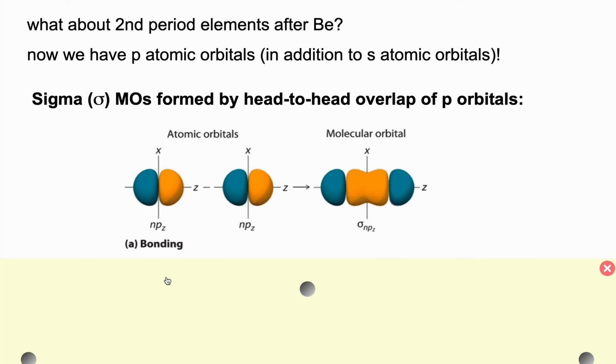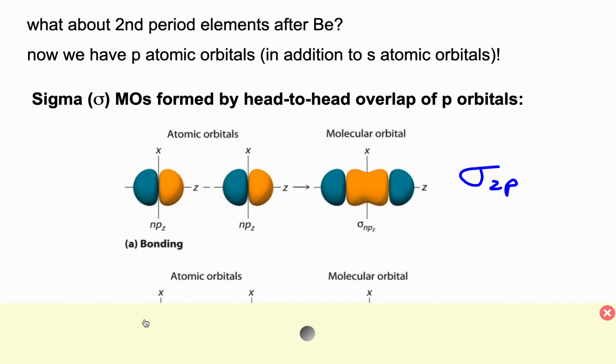That is, we add the p sub z wave functions together. That results in increased electron density between the 2 nuclei, as shown by the orange blob between the nuclei. That would be called a sigma 2p bonding molecular orbital, assuming that these were 2p orbitals.